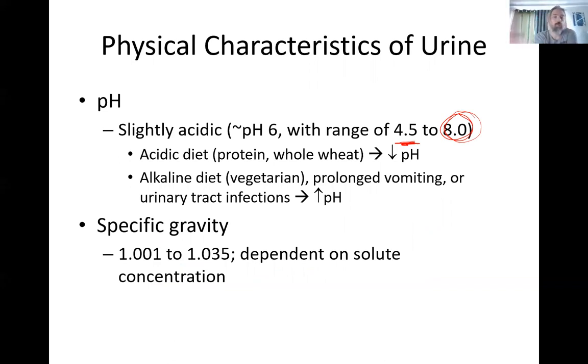So the more protein and wheat you eat, the lower the pH is going to be. On the other hand, if you eat primarily a vegan or vegetarian diet, or if you've been vomiting for a really long time, or if you have a UTI, all of those things can cause your pH to go up.